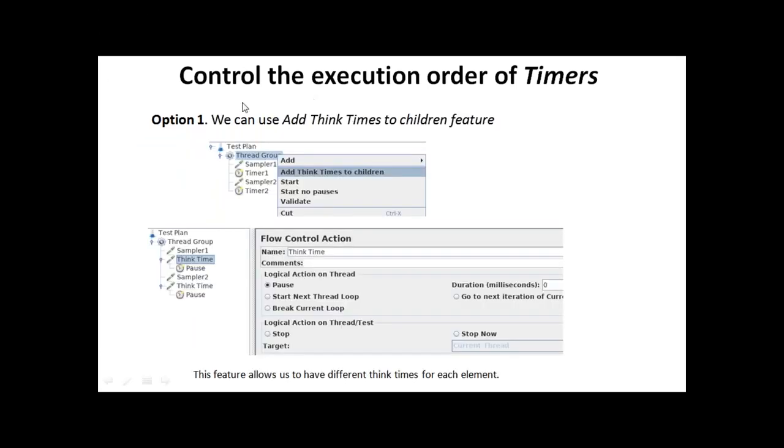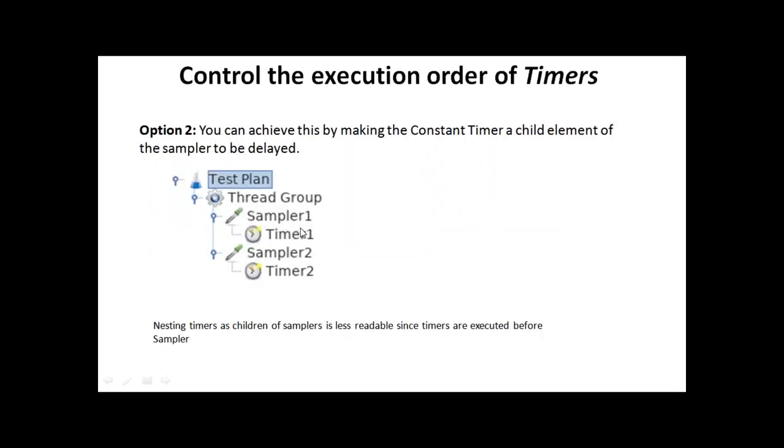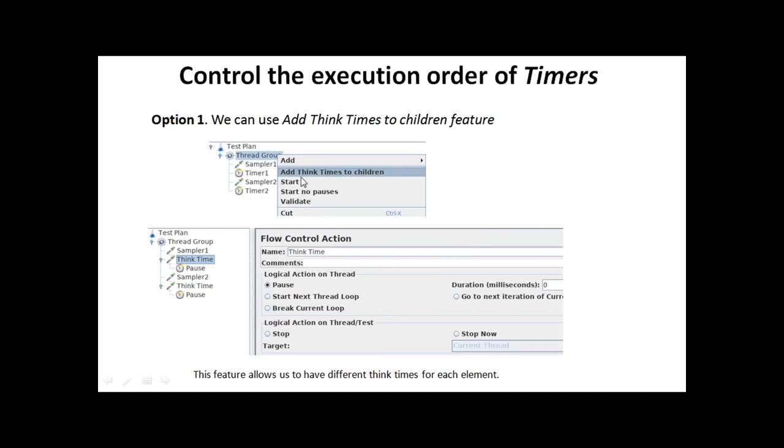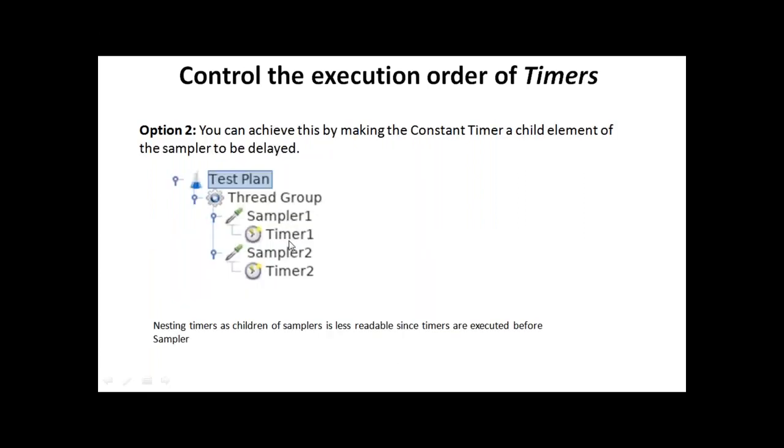And this is option 1. Option 2 I have also covered. Inside the samplers, you add the timers. Add the timers on the sampler level, not on the thread group level. If you go with either option 1 or option 2, you can achieve this sampler-timer order. How? Add the flow control action, and inside it add the think times, or add them inside the samplers itself.